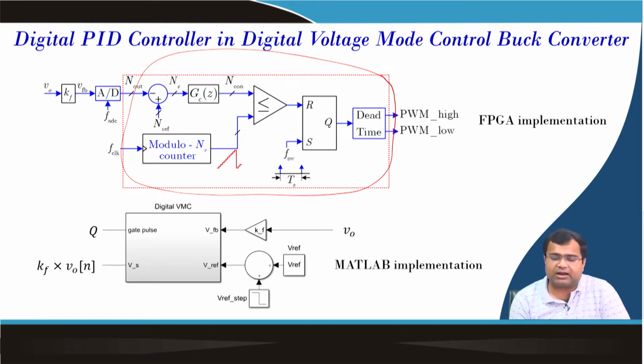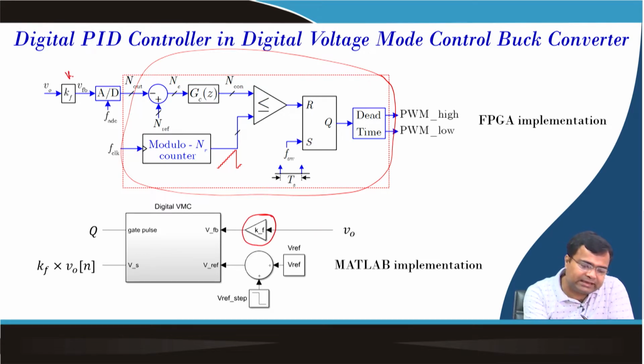If we remember our digital voltage mode control, I think we have discussed it in lecture number 26 or 25 or 24. We have multiple lectures in the third week which consider digital voltage mode control. If we recall, earlier we considered V0 directly, but now there is a step down gain, and this Kf is nothing but 0.27.